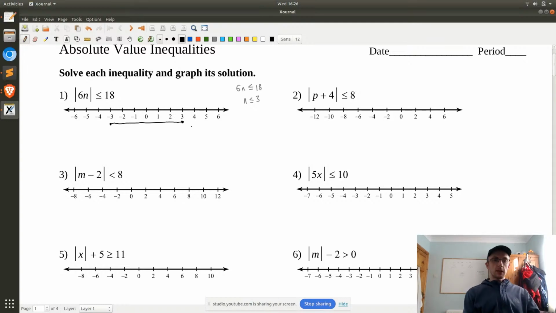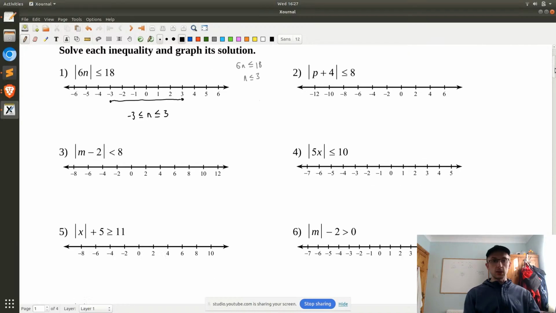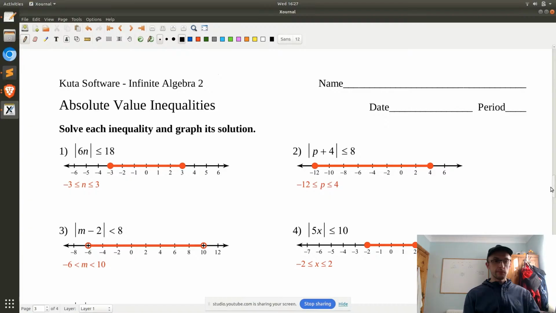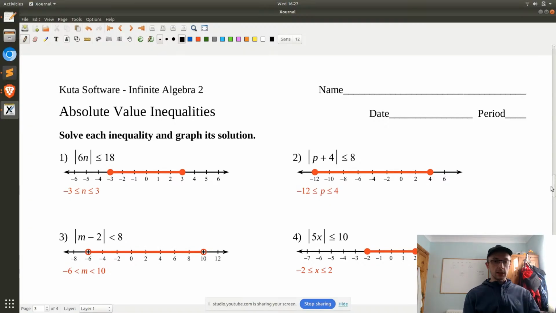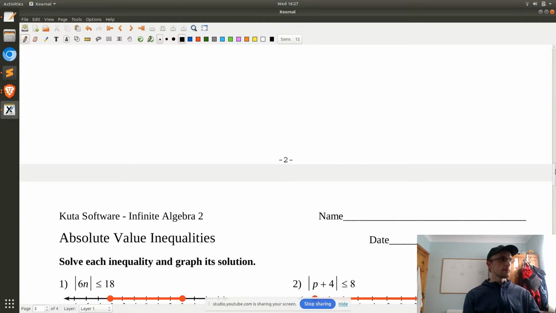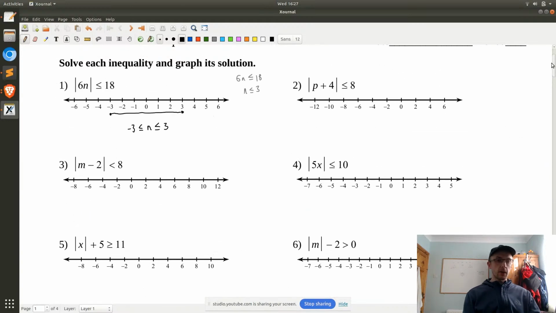And what's the best way to think about it? When they say solve the inequality, they really mean this. Let's just double check for the first one. That's how they want it on the number line itself. And indeed, they do want that inequality expressed like that: -3 is less than or equal to n, which is less than or equal to 3. But what's the way to think about it?